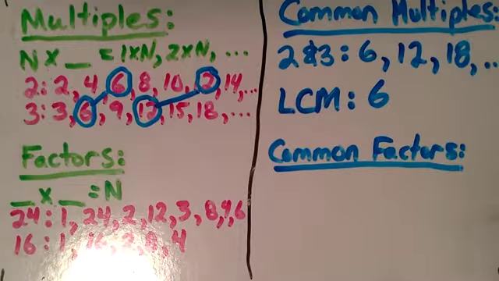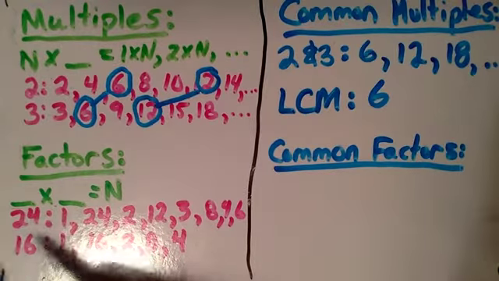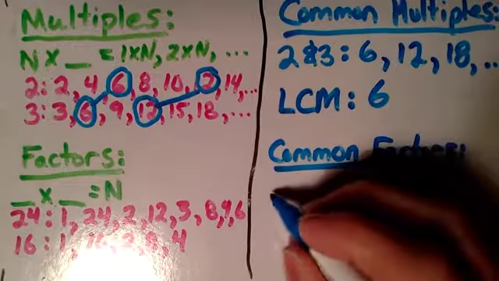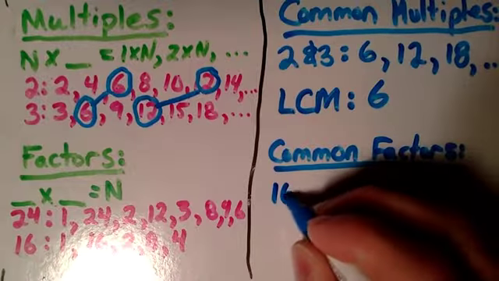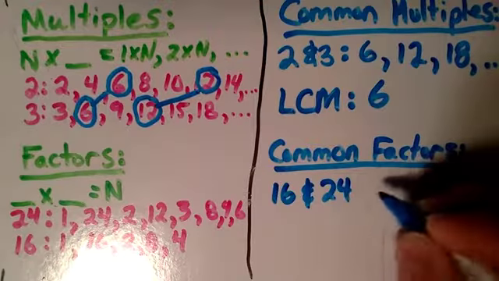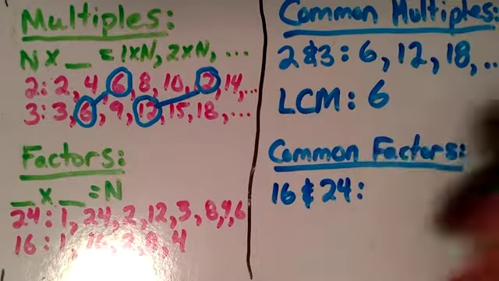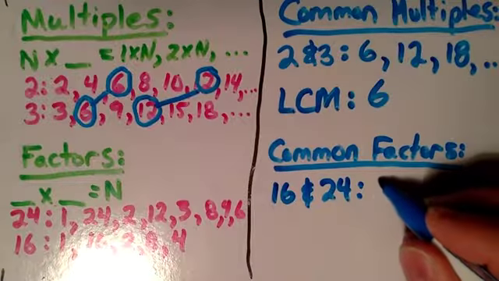Now, what about common factors? Well, common factors are, again, the same numbers between the two lists of factors that we're looking at. So if we had common factors between 16 and 24, then we'll go through. 1 is always going to be a common factor.